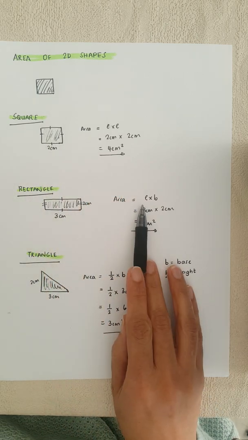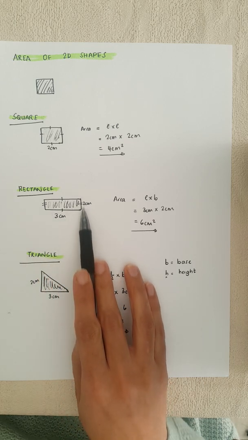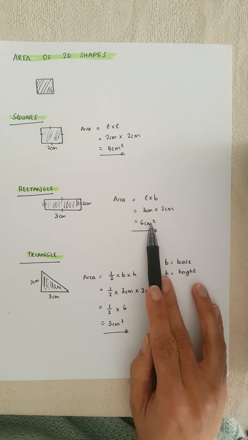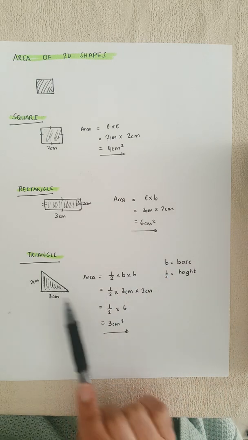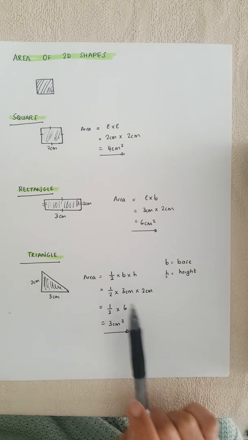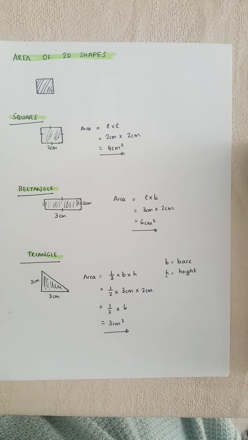In a rectangle, we say length times breadth, which is 3 centimeters times the breadth, 2 centimeters, giving 6 centimeters squared. In a triangle, we need to find the base and the height, and we say half times the base times the height, which gives us 3 centimeters squared.